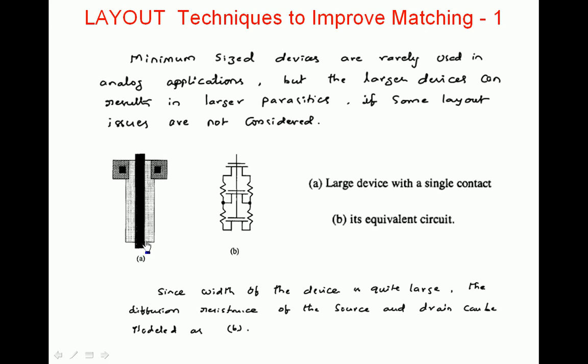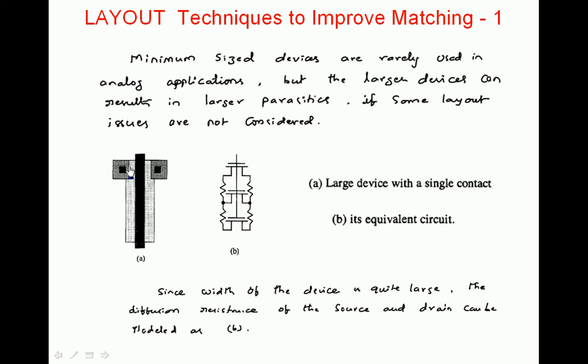In the case of NMOS transistors, the n plus diffusion is going to be considered as a distributed resistor. So if there are no contacts except for this single contact, this entire area acts as a distributed resistance which is going to add up.